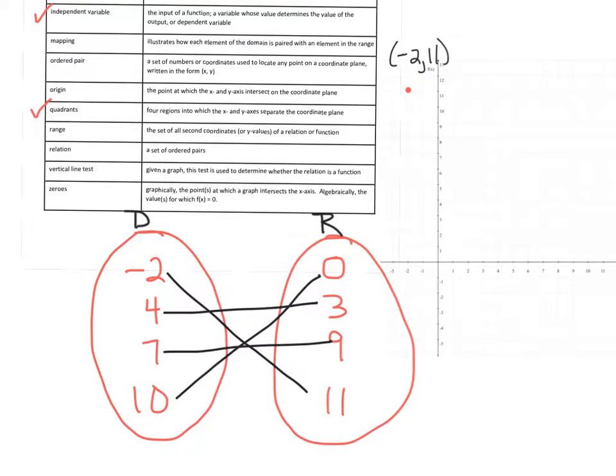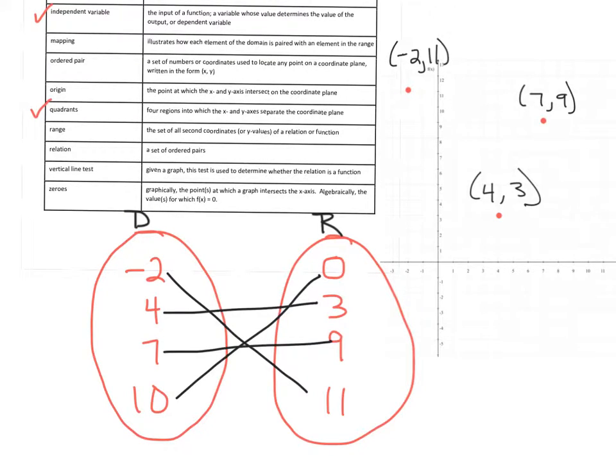Our next element in the domain is 4, and it's paired up with 3, and so we could plot that point. Our next element is 7, and it's mapped to, or paired up with, the 9 in the range, so that's also another ordered pair.